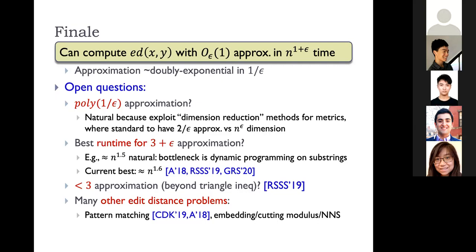And each step introduces a constant factor approximation, but it basically squares the error sometimes, the factor. I think the first question would be to get a simpler algorithm, to be honest, right? Even before getting polynomial 1 over epsilon, right?